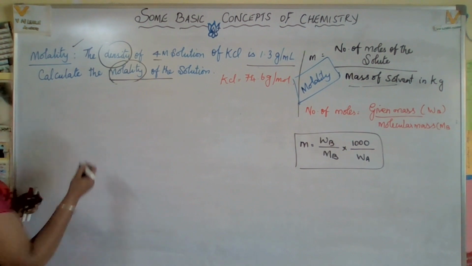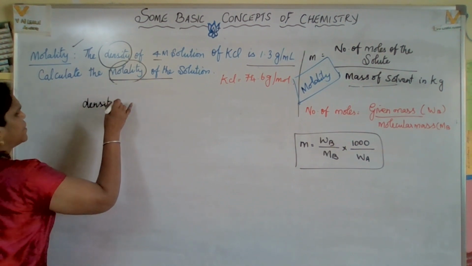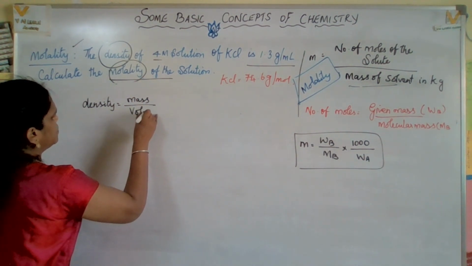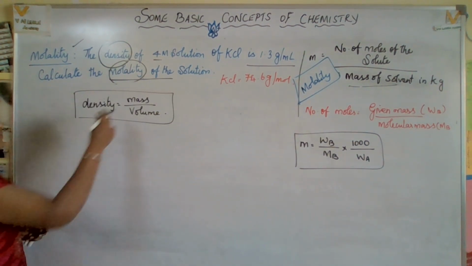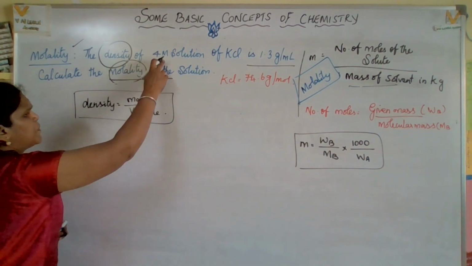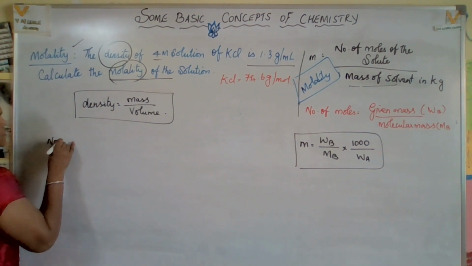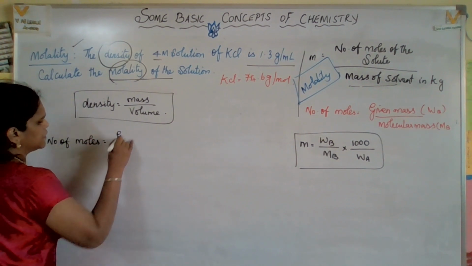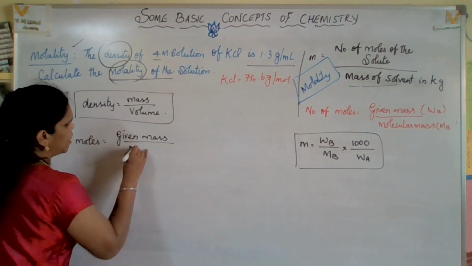So here, density equals mass by volume. Directly we can go for the given mass from there. The number of moles is actually 4 moles. So number of moles equals given mass by molecular mass.